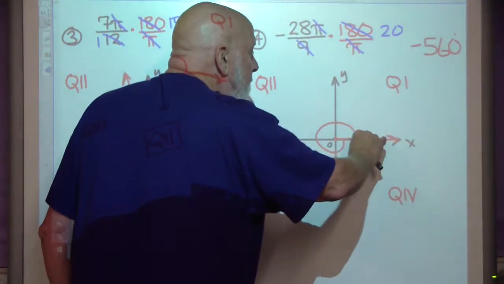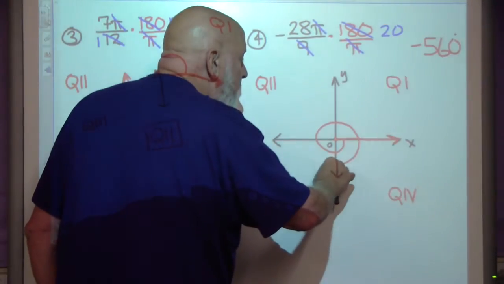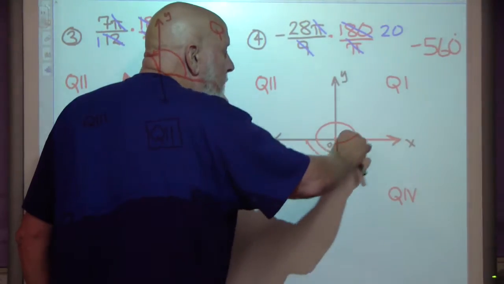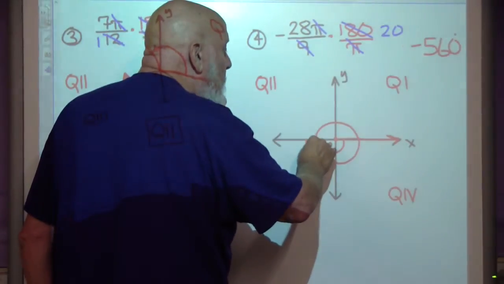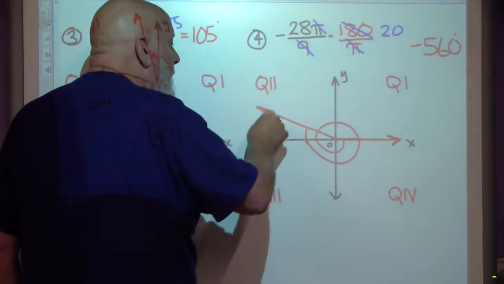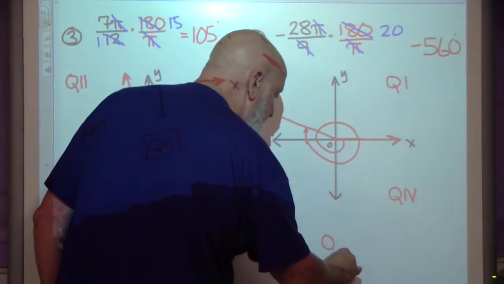So I've rotated 360. If I go another 90 degrees, that's 450. If I go another 90 degrees, that's 540. There's 540, just adding 90s. And then I've got to go another 20 to get to 560. And that would put me in quadrant 2 if I haven't made a mistake.